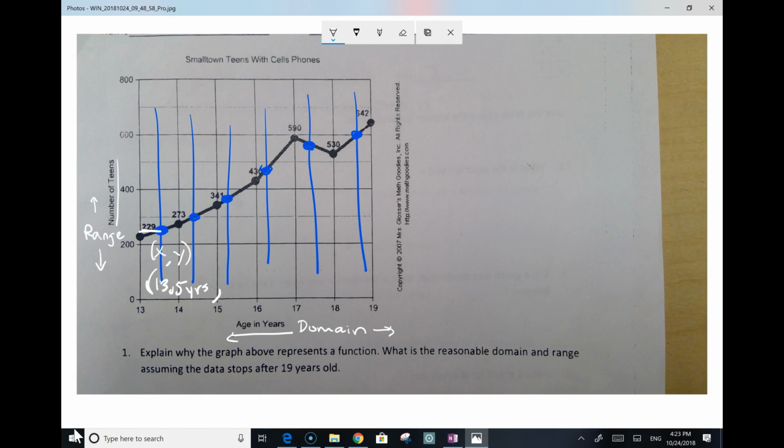There's no other age that has an output with that number of teens who own a cell phone. And the same is true for every other point at which the blue vertical line intersects the black graph. So every input is connected with exactly one output and no other output.